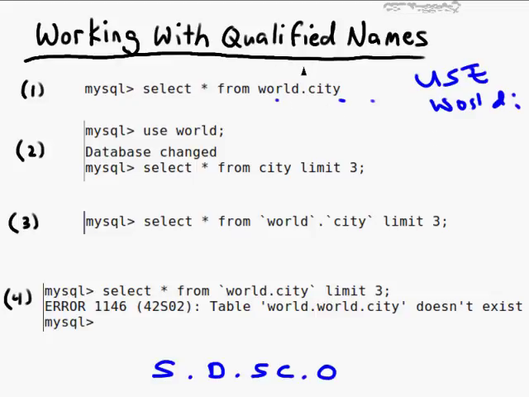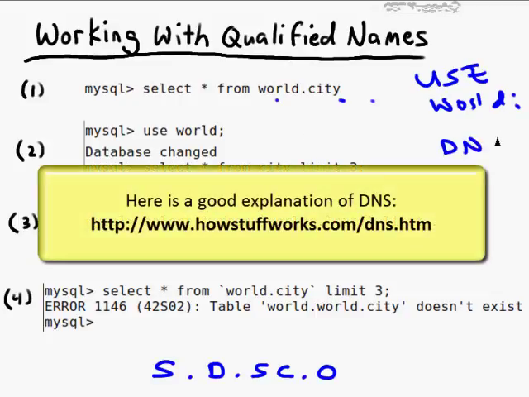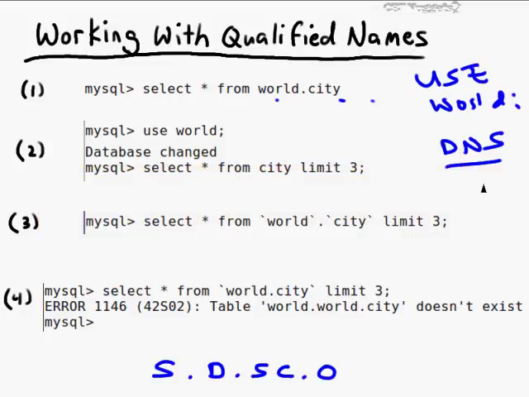Really, the whole notion with qualified names is to reduce confusion on the part of the MySQL parser. In fact, I like to look at qualified names in relational database systems in the same way that you would look at qualified names in domain name system or DNS. If you've done server administration, you know that DNS is a way to take human readable or human understandable names and map those to IP addresses so you can resolve server or host names using those friendly names rather than numbers.